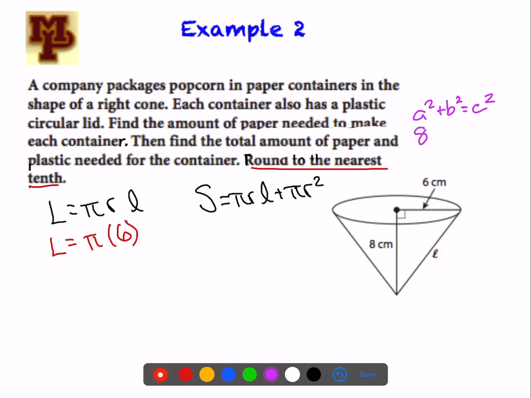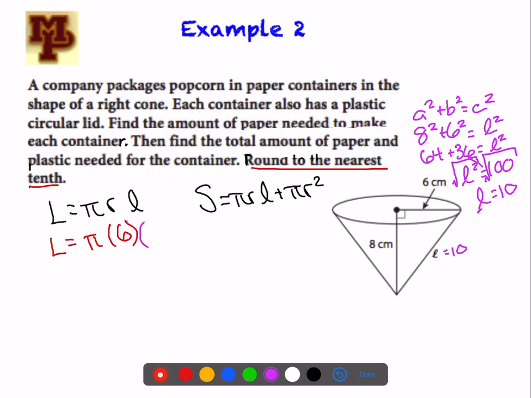So we have 8 squared plus 6 squared equals L squared. This will give us 64 plus 36 equals L squared. L squared is equal to 100, so L must be equal to 10. When we take the square root of both sides, that square disappears. So L is equal to 10 down here.